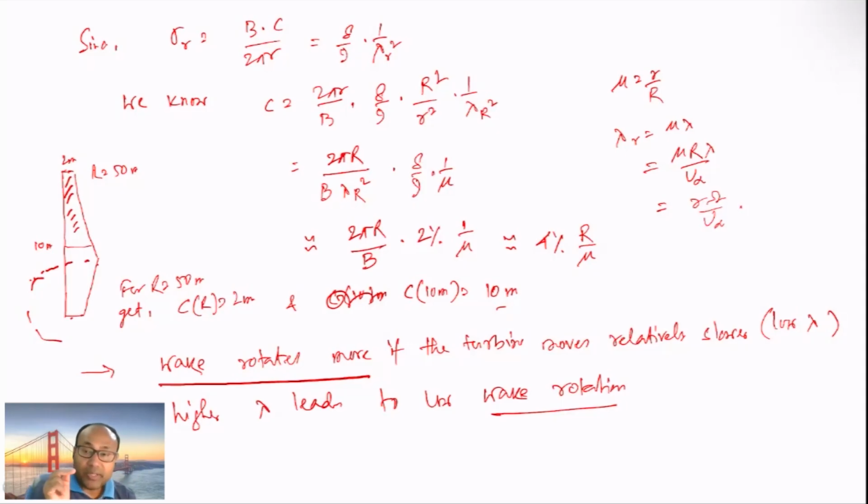So the majority of the impact of the wake rotation would be visible towards the hub of the blade.